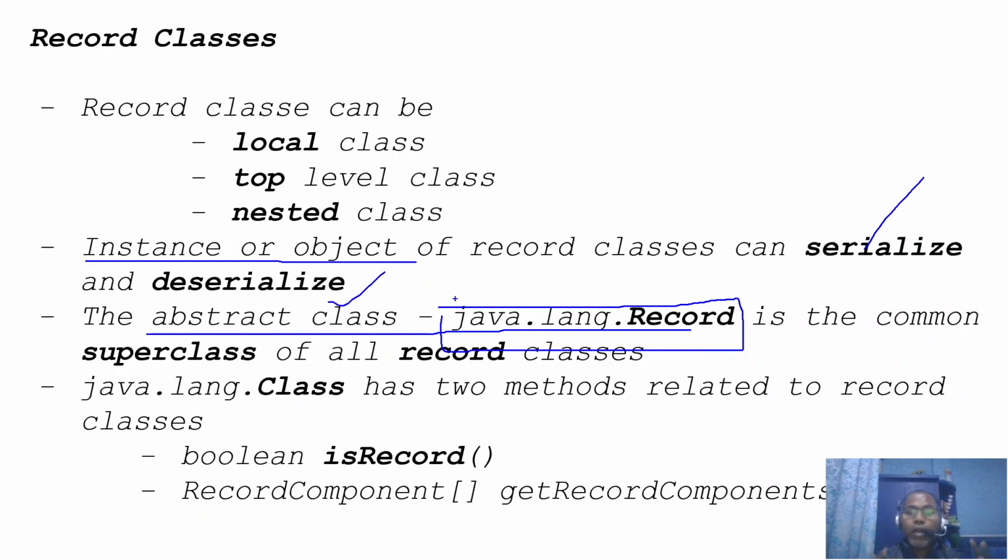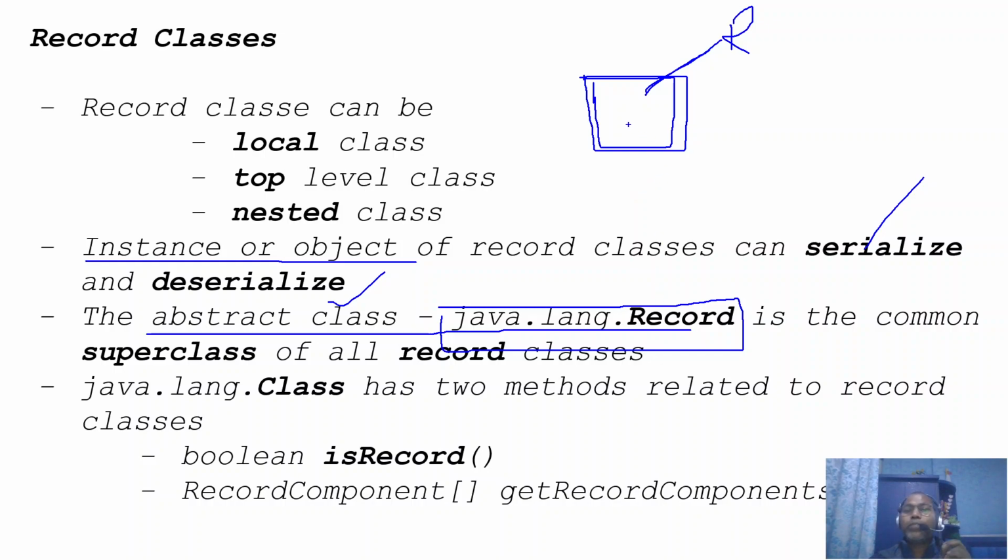You know Java supports extending only one class at a time. So if your record class by default extends Record, you cannot extend any other class, but you can implement interfaces.